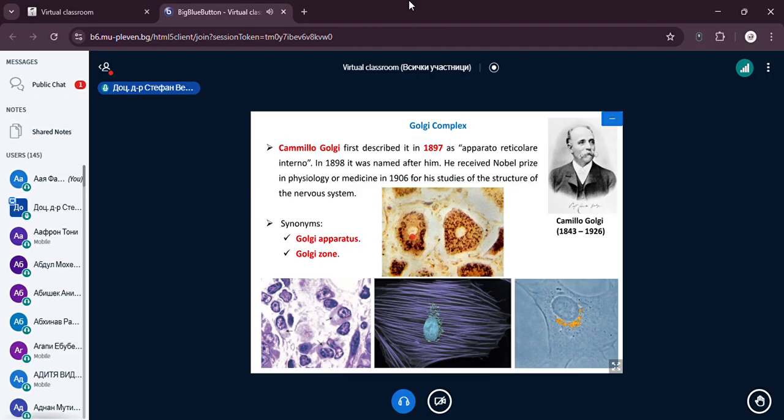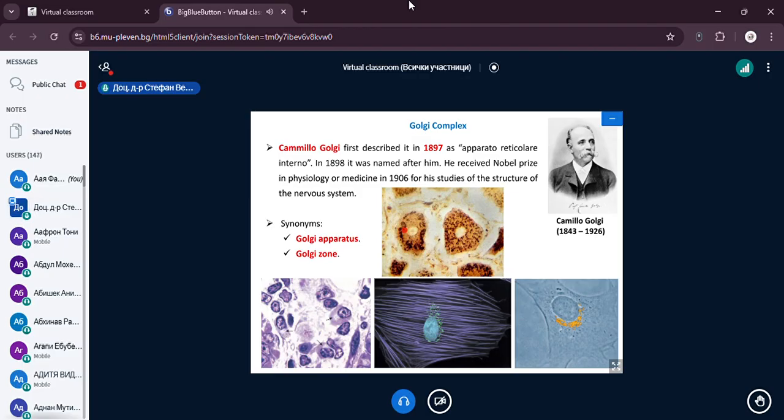You see the nucleus here, lightly stained because there are no structures to attract silver there in the nucleus. And he called these depositions of silver, or the structures in which silver depositions occur, apparato reticulare interno, or the internal reticular apparatus. Reticulum in Latin means a network, and he believed this is an internal network system inside the cytoplasm.